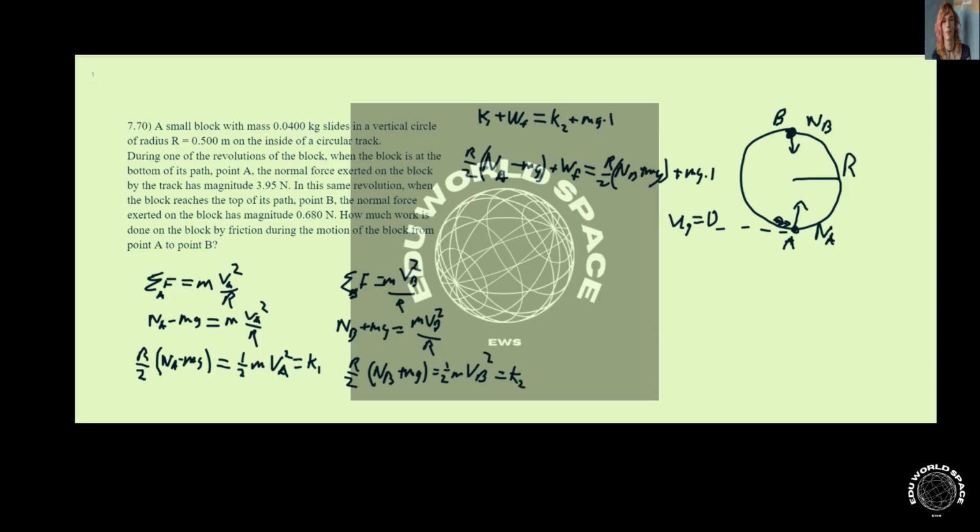Now we can solve for the work due to friction. The work due to friction is equal to mg, and then this quantity minus that quantity, so plus r over 2 times (Nb minus Na), and then plus 2mg.